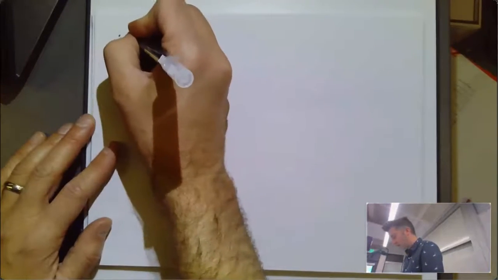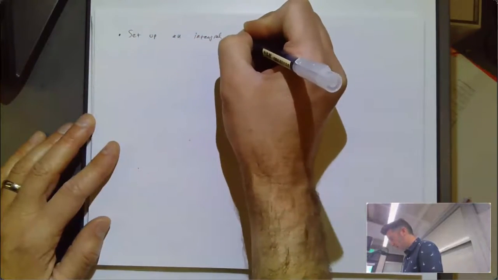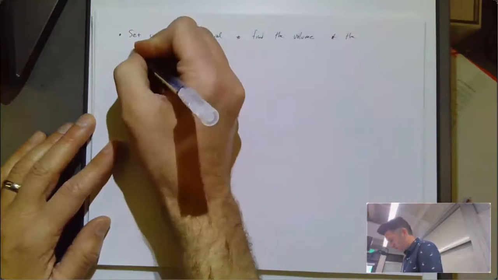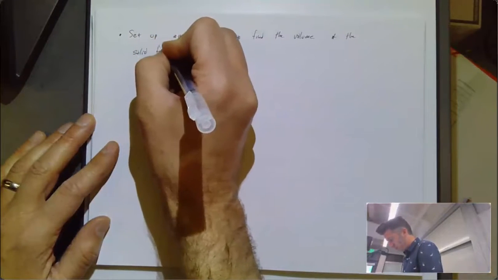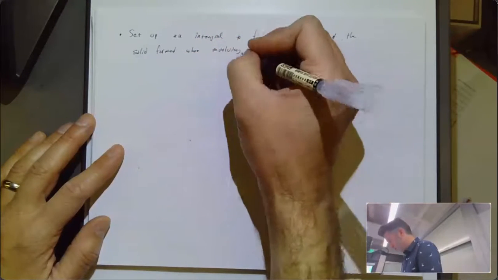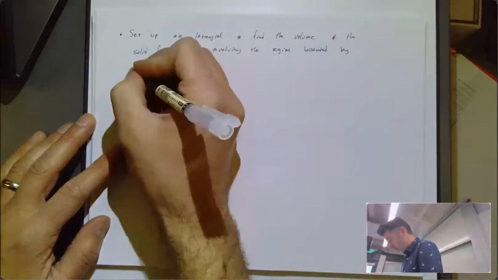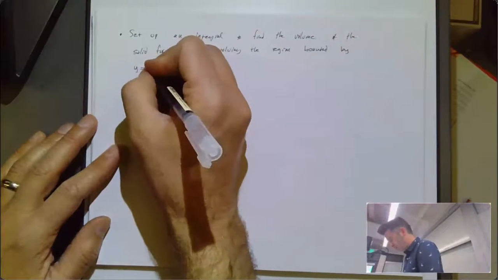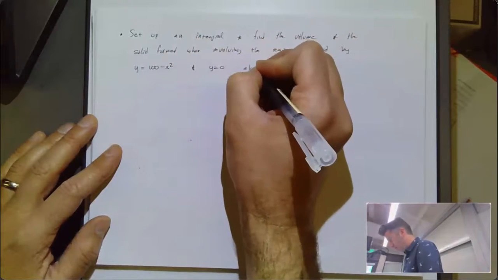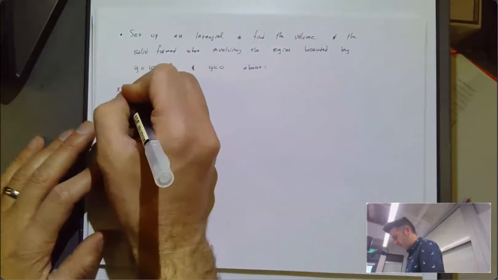So we're going to set up an integral to find the volume of the solid formed when revolving the region bounded by y equal to, let's go big, 100 minus x squared and y equal to 0 about, well, we're going to pick a few different axes here, but we're going to start with the good old x-axis.